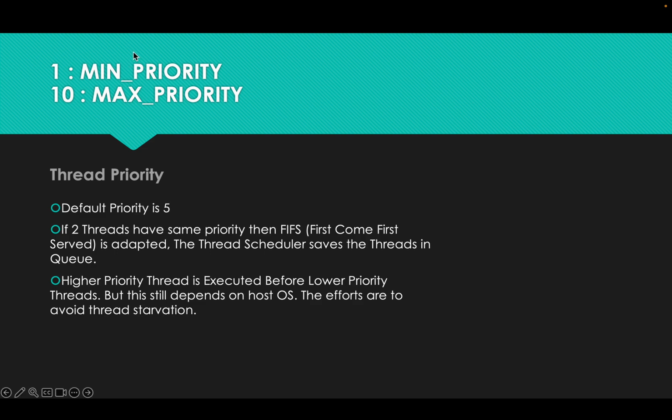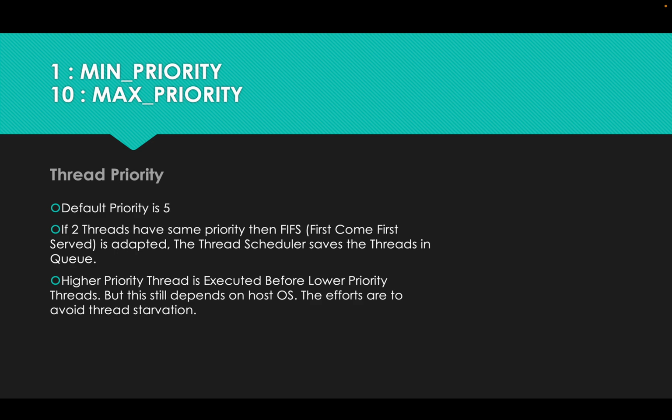These are basically constants that are defined in Java itself, with values from 1 to 10, so you can put the priority of a thread within this particular range. A higher priority thread is executed before the lower priority thread, but it still depends on the host operating system, and operating systems are smart enough nowadays to avoid thread starvation.